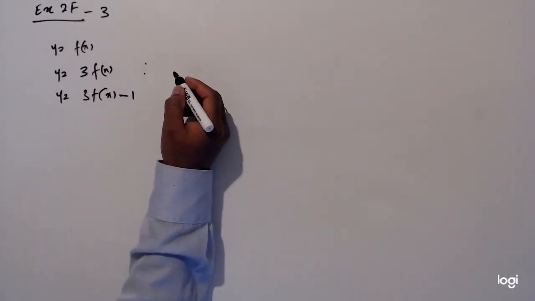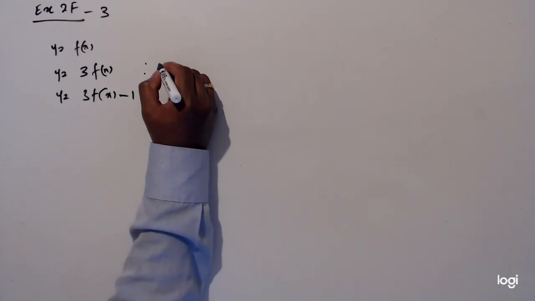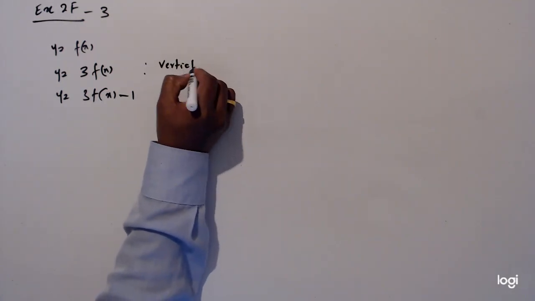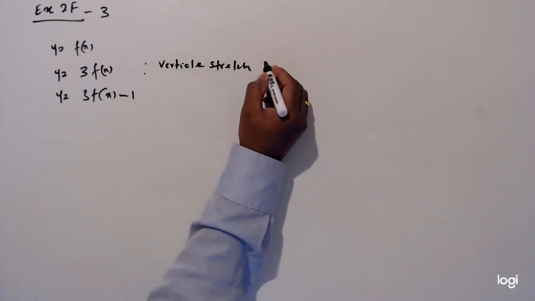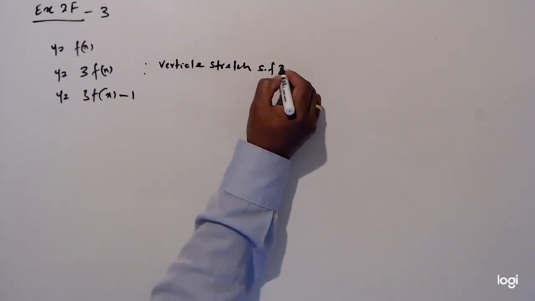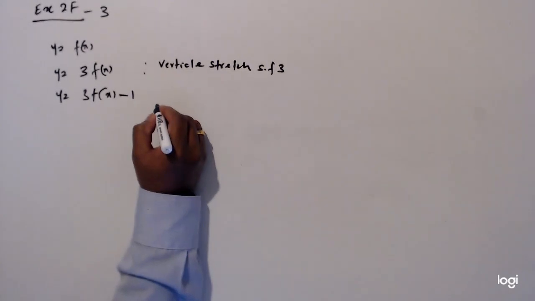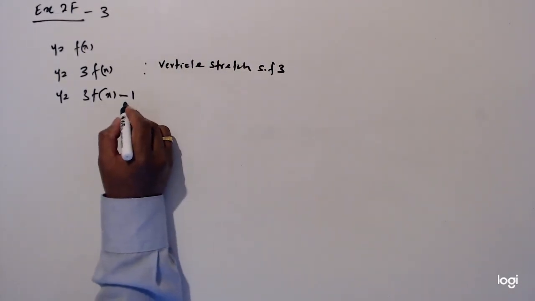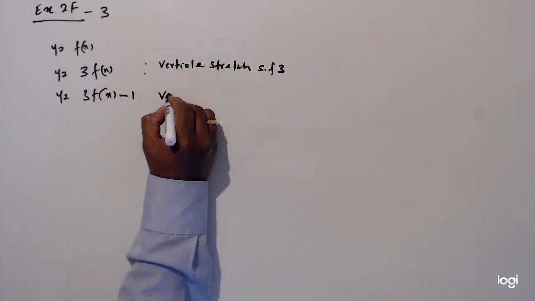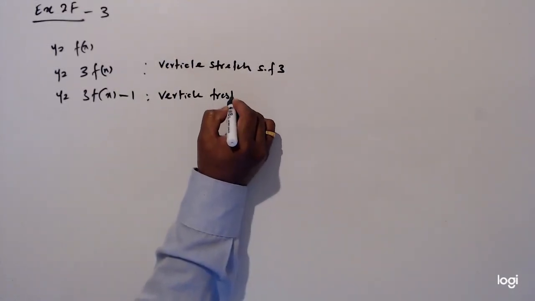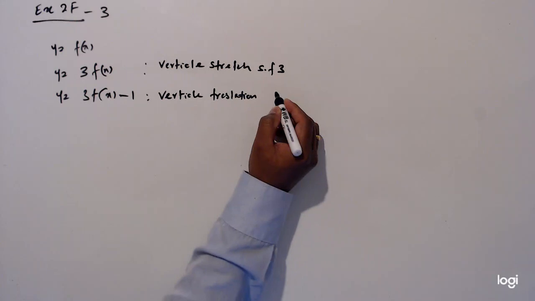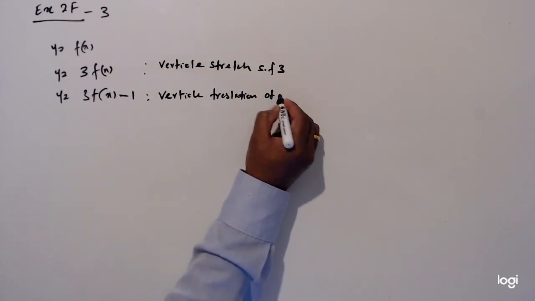So this is a vertical stretch with scale factor 3, and after that, this is a vertical translation of minus 1.